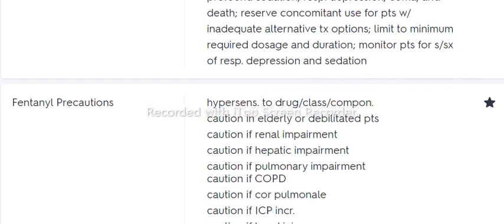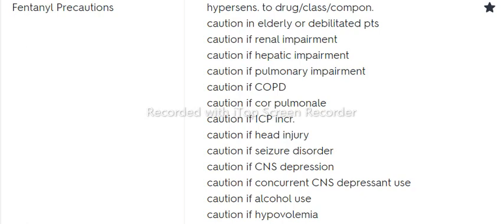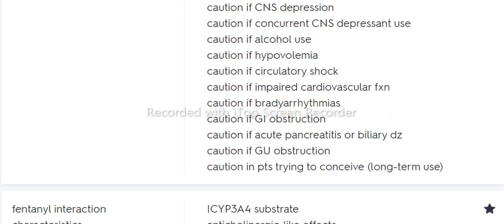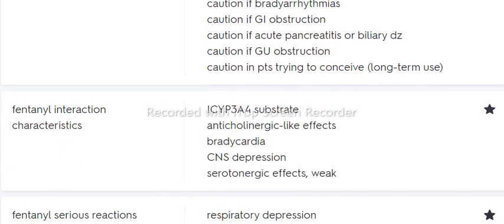Fentanyl precautions. Fentanyl interaction characteristics: CYP3A4 substrate, anticholinergic-like effects, bradycardia, CNS depression, serotonergic effects, weak.